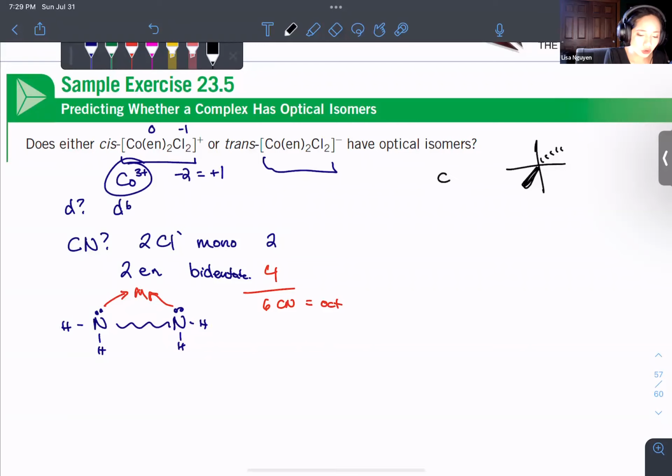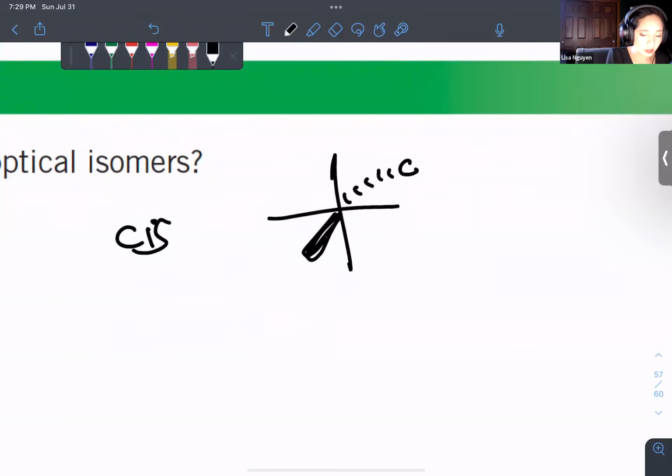So let's draw the cis version first. So the cis version of this compound, I'm going to put a chloride right here and right here. It doesn't really matter. They just need to be next to each other. So that means that the ethylene diamines have to occupy the other 4 sites. So I will just draw them like this. Remember, these are bidentates.